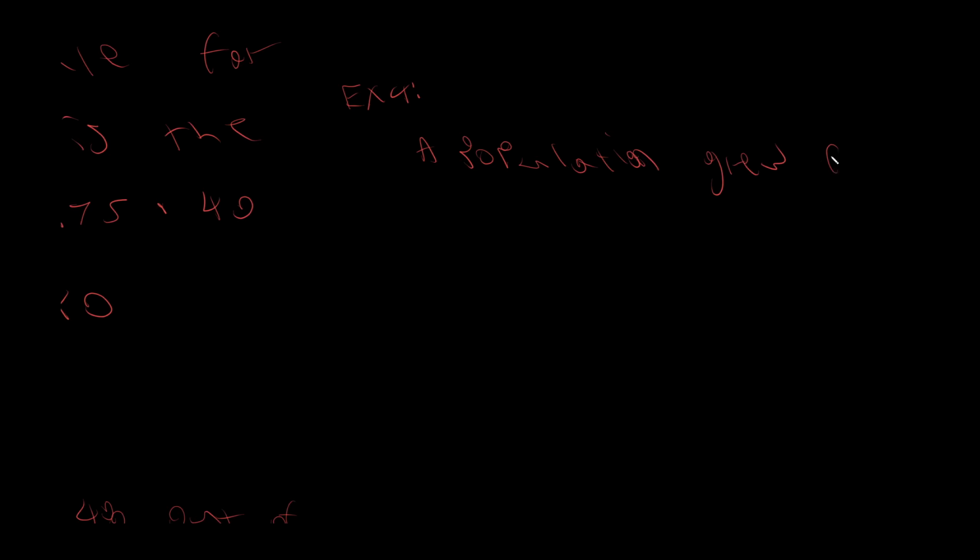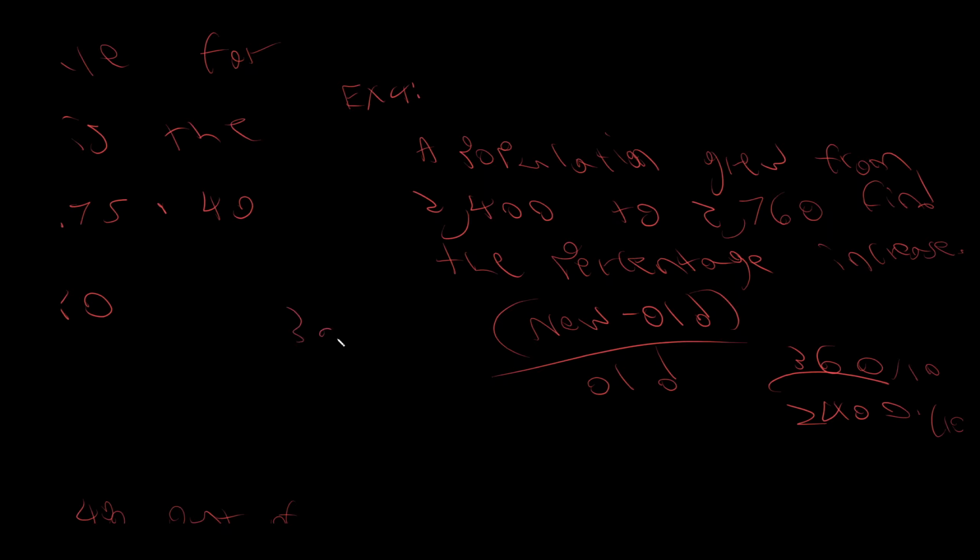A tip I'll give you is to first divide both of these by 10 to make it easier, because you just get rid of a 0. Like 360 divided by 10. You're asking what multiplied by 10 equals 360? 36. It's easy. 2,400 divided by 10. What multiplied by 10 gives you 2,400? 240. It's pretty easy. So you get 36 over 240.